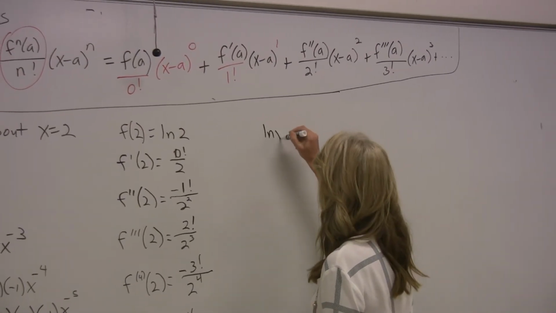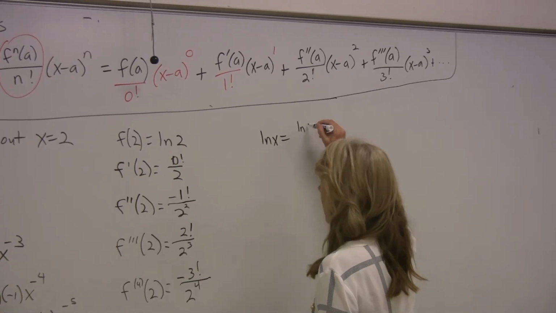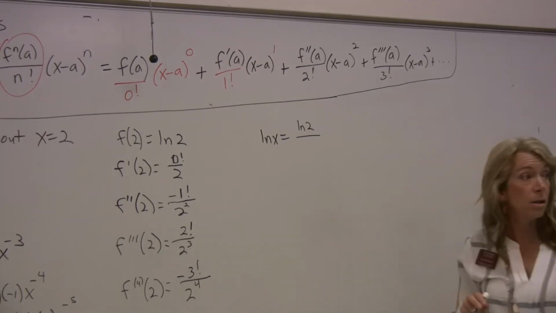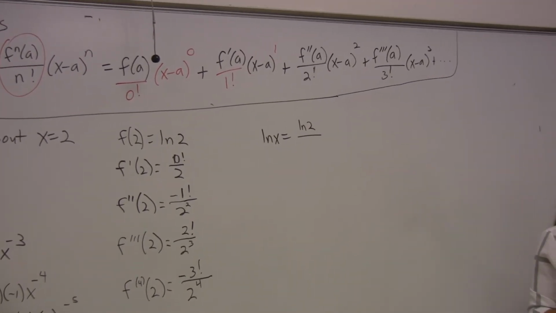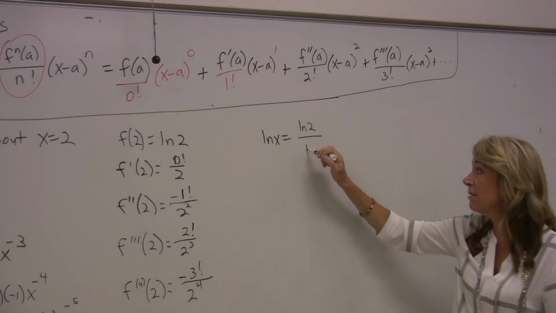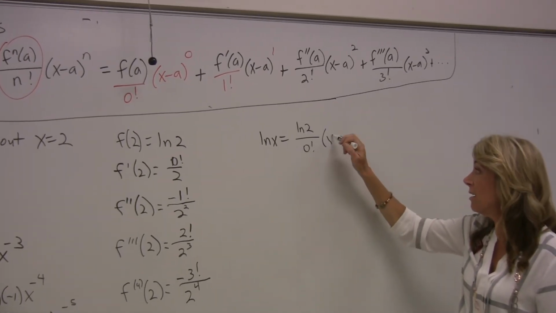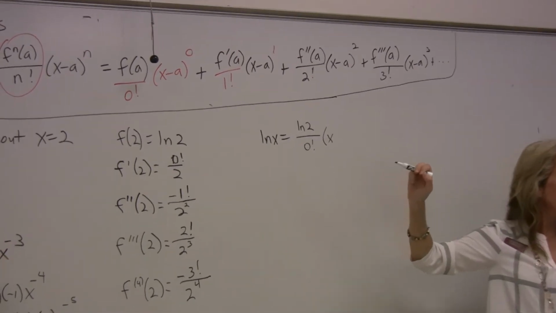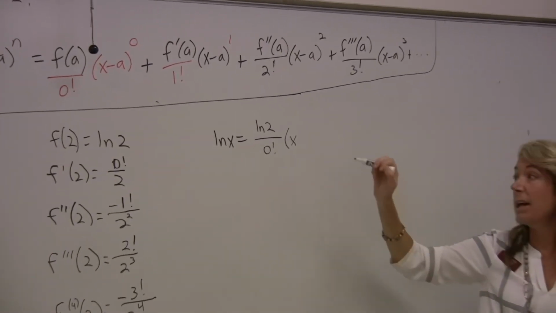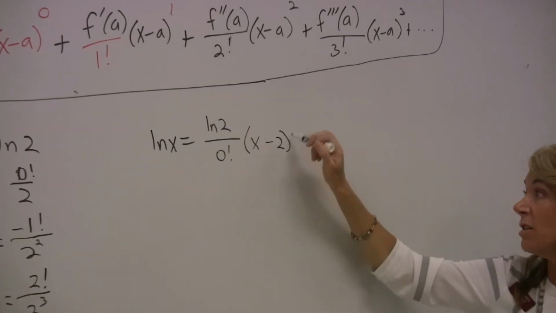Ln x. So it's going to be ln of 2 over 0 factorial times x minus 2, sorry, x minus 2 to the 0.